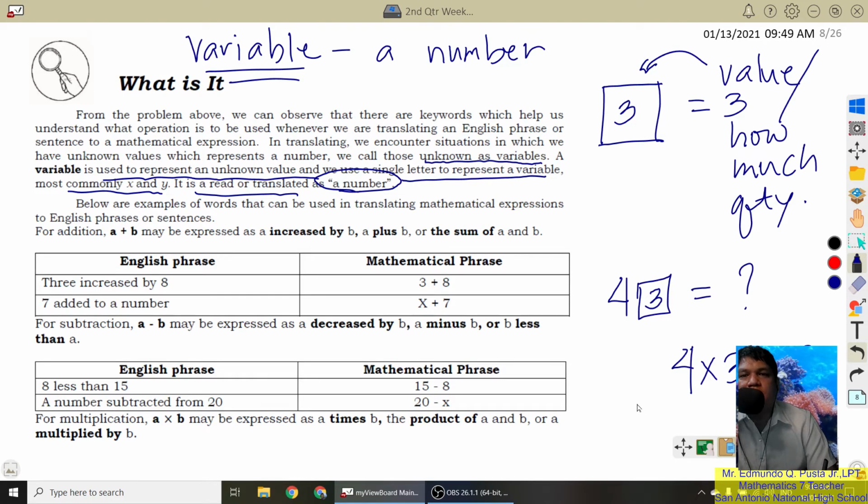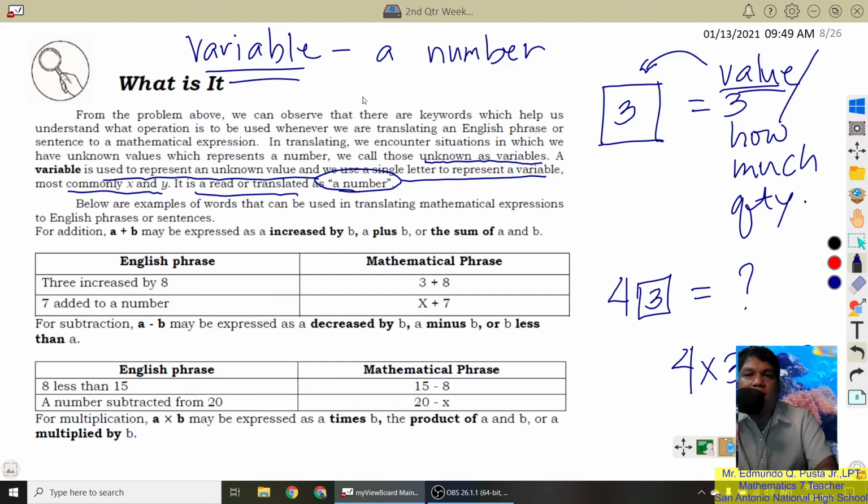So, that is the use of a variable. Unless we know what is the value inside, we do not know yet how to simplify the expression. Okay, so 3 increased by 8.